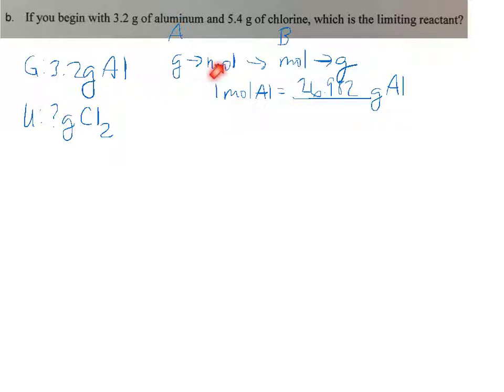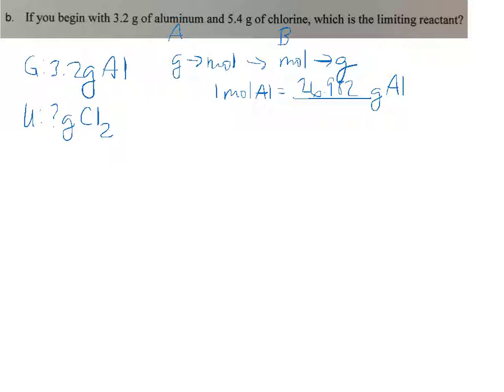And now we need to go from moles of aluminum, our substance A, into moles of chlorine, our substance B. To do that, we have to use those balanced coefficients from our equation. And if you remember our coefficients from our equation, we had 2 aluminums for 3 chlorine gases, giving the aluminum chloride, 2 moles of the aluminum chloride.